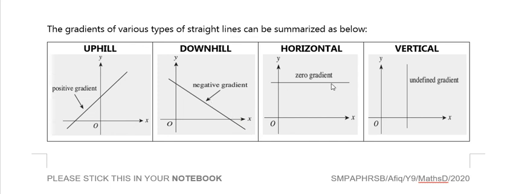And when you have a zero gradient, the line is horizontal on the Cartesian coordinate. And when you have an undefined gradient, which means any number over 0 in your working, so you can have an undefined gradient. So that's it for the topic of midpoint, length, and gradient.